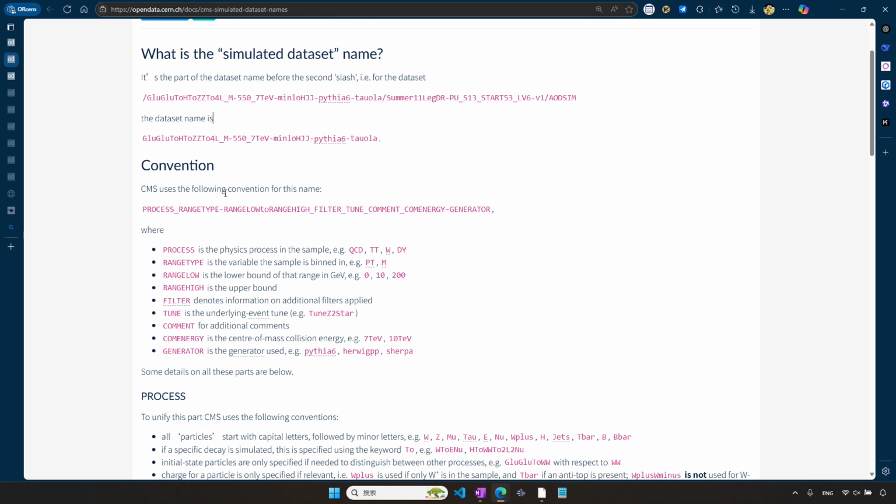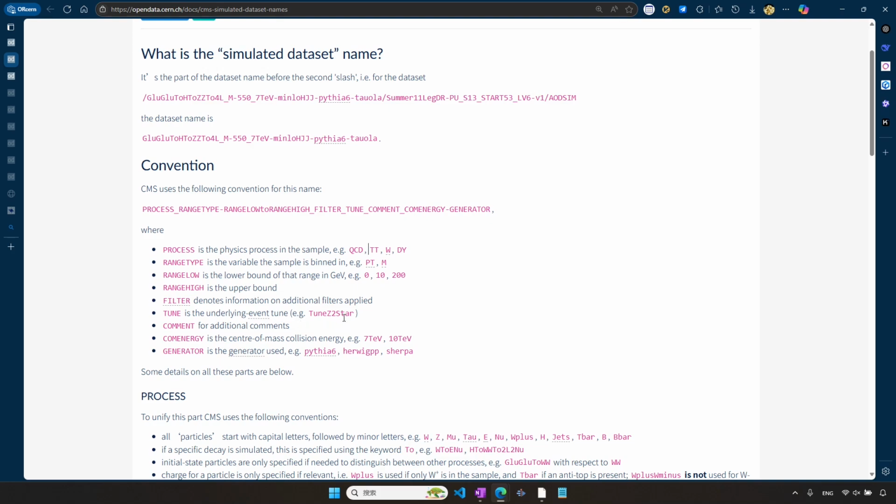Okay, then go back to the convention. The next part is three words like filter, tune, comment. Tune is the underlying event tune.